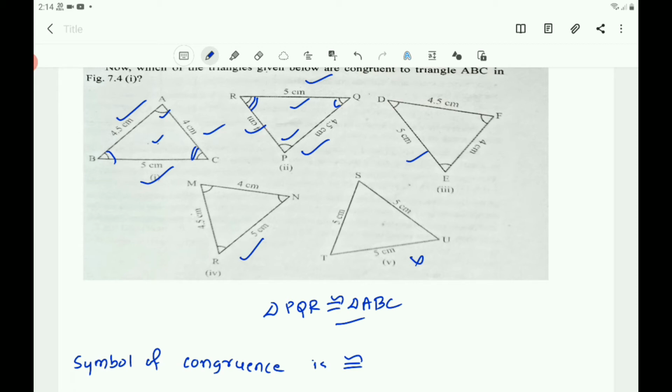Also there is a one-to-one correspondence between the vertices.